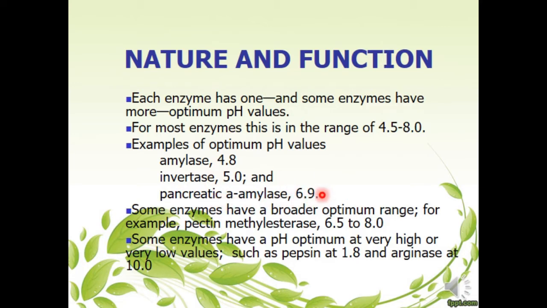Some enzymes have a broader optimum range, meaning it's not specific to one value only. For example, pectin methyl esterase, the optimum pH is in the range of 6.5 to 8. Some enzymes have optimum pH at a very high or very low value. For example, pepsin has a very acidic optimum pH, which is 1.8. Arginase has a very alkaline pH, which is pH 10.